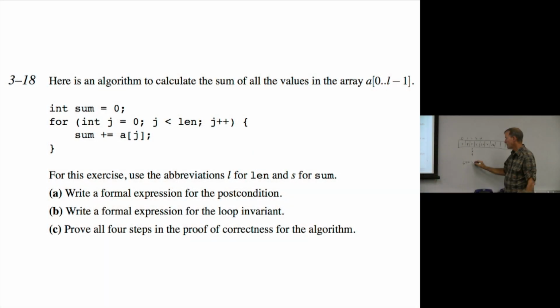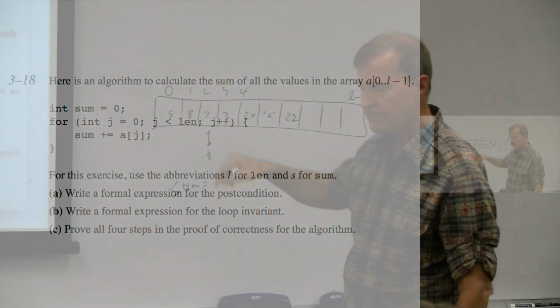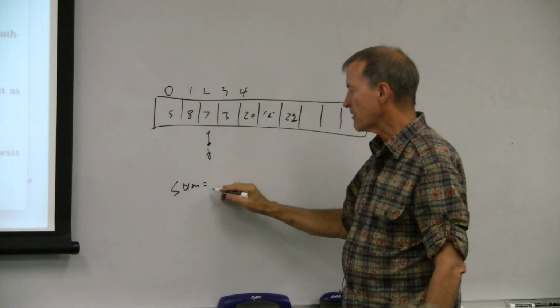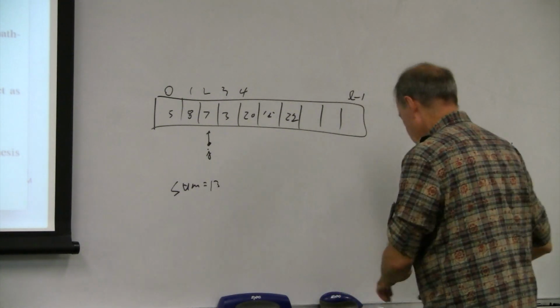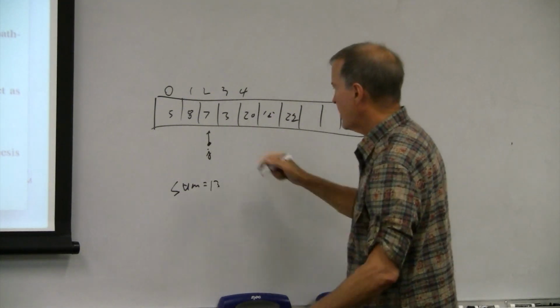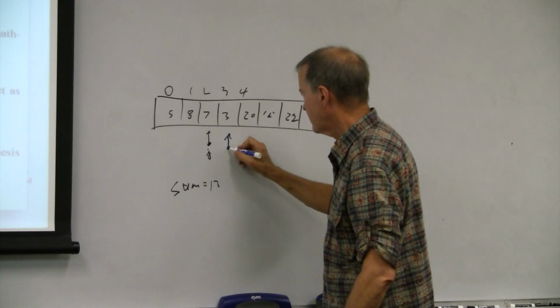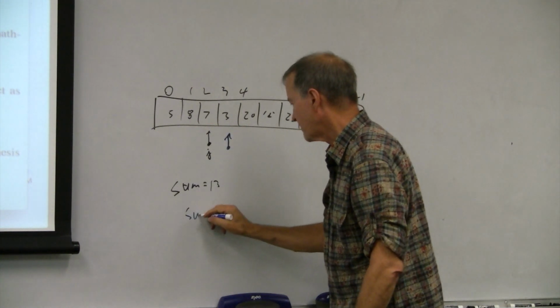Well, for part of the time it's 13. The question is, it's after J has incremented and before it does the test. Are you with me? Yes. 13. So what is the value of sum here? 13. All right. And if J is here, what is the value of sum?